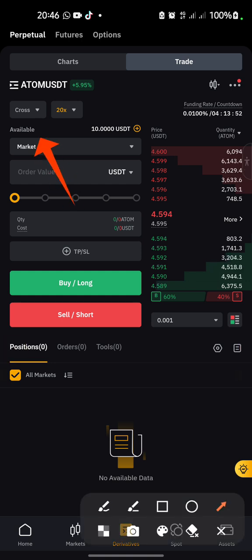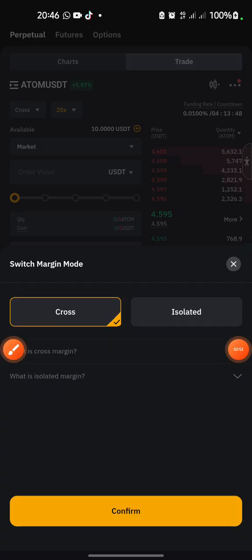On clicking it, you can see we have the cross and we have the isolated. Basically, what the cross margin is all about: I wouldn't suggest anybody trade with cross margin, because it's very risky.